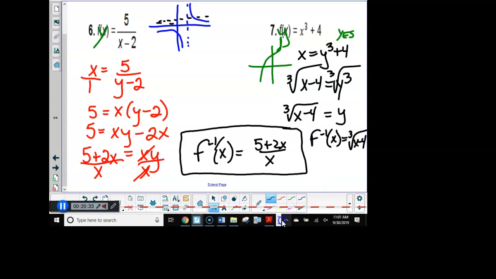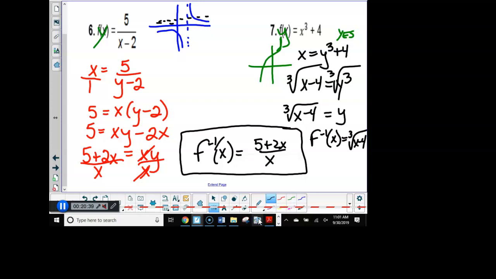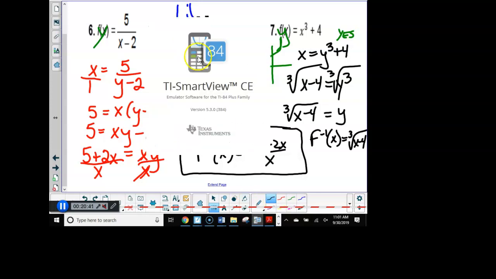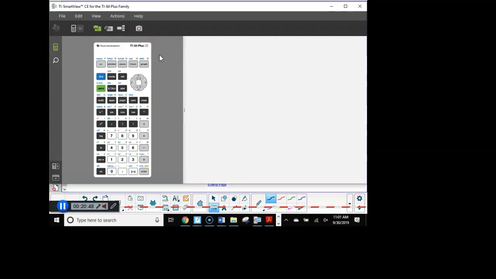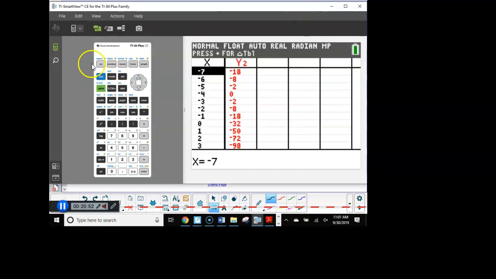I want to show you on the calculator that this is working. It is going to look a little funny because it's not going to be stretched. Our calculator likes to stretch things funny. We can do what's called a zoom square and it might look okay.